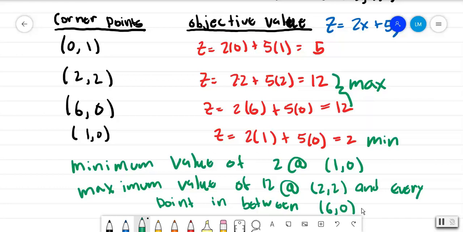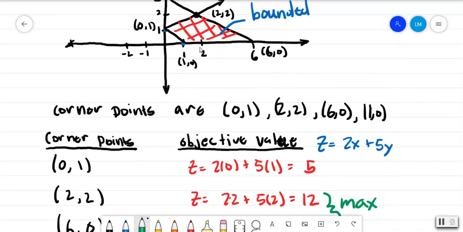We can say it like that if you want. It's the same thing, as long as you understand that the maximum has to be alongside here.